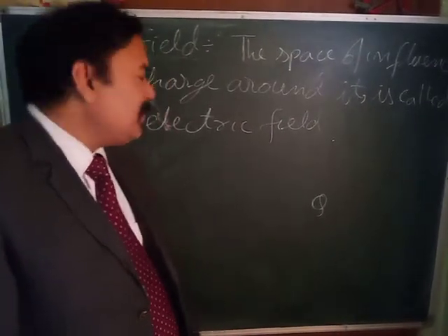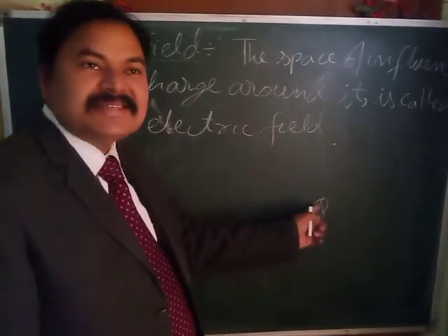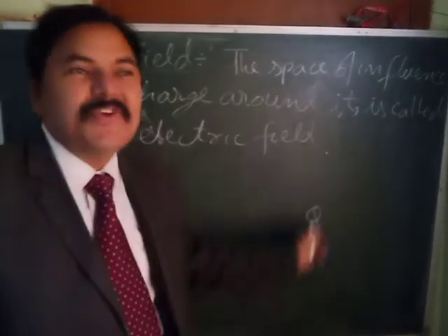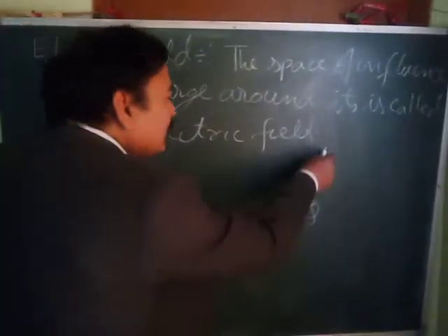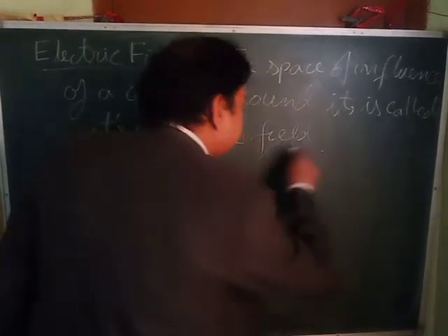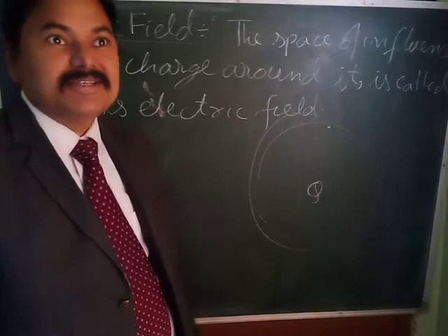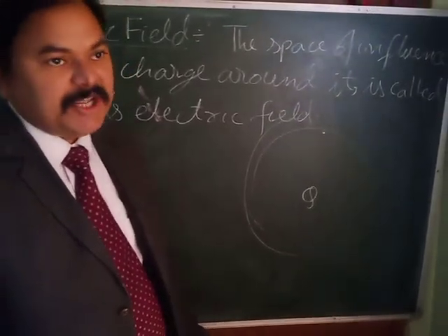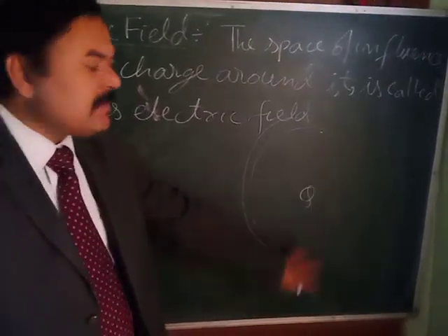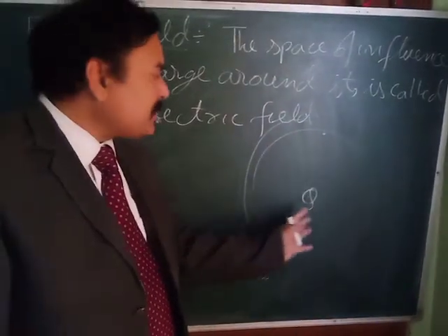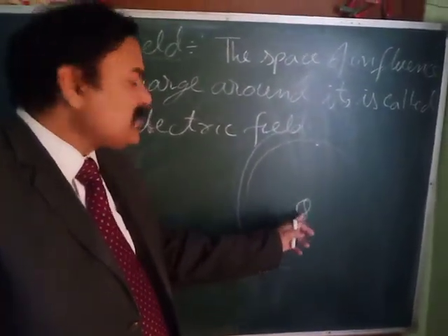So what we can do, we can take this as a center and take a radius of 10 centimeters and draw a sphere. Sphere is a three-dimensional geometry. So whatever space is there in the sphere, this space is called space of influence of this charge.